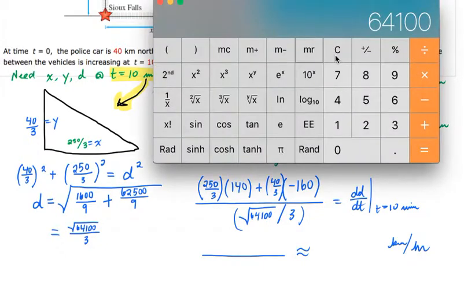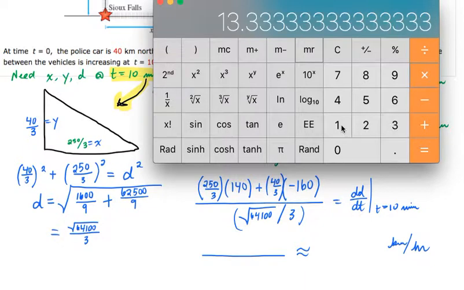So let's do the numerator first. Let's do this term first. So we have 40 thirds times 160 is negative 2133.33333. I'm going to store that number, then we'll do this plus or minus that number.